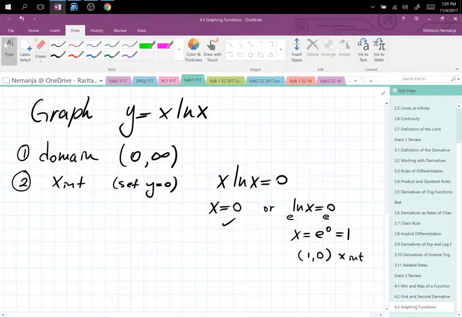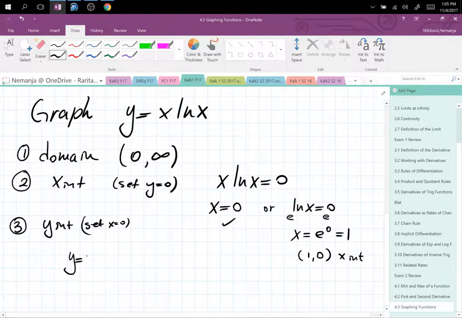Perfect. Number 3, y-intercept, which is when we set x equal to 0. If we set x equal to 0, we get undefined, because we are supposed to compute 0 times ln of 0. ln of 0 is negative infinity. So you have 0 times negative infinity.